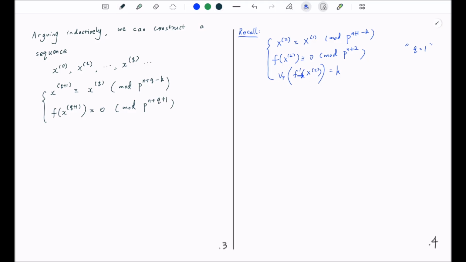I can also copy the third conclusion, but the third conclusion will not be used in the rest of the proof. So let's just keep the first two. This is true for all q. And actually I can replace this q plus 1 in the second line by just q. It doesn't matter, but let's just keep it this way.